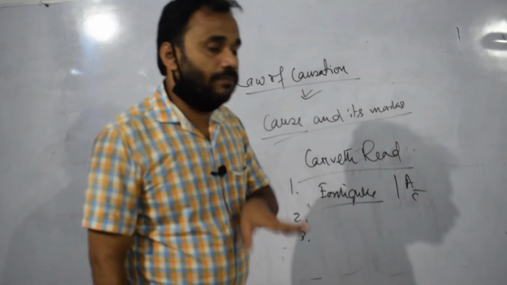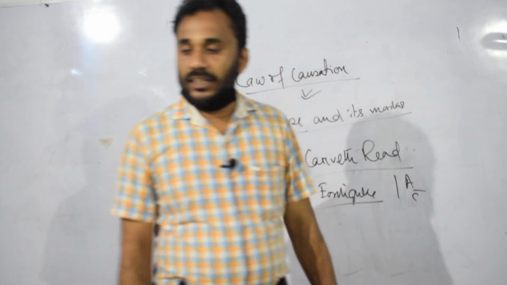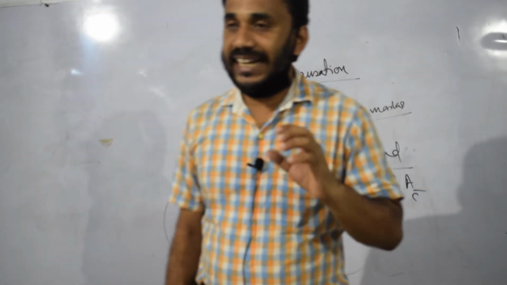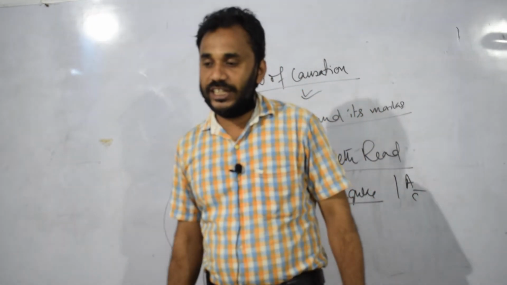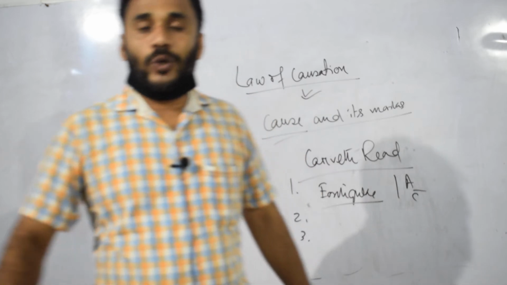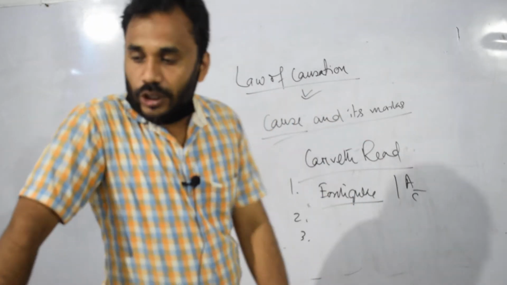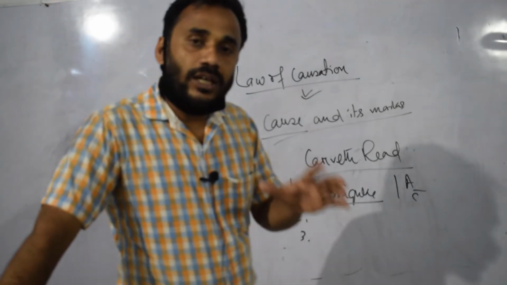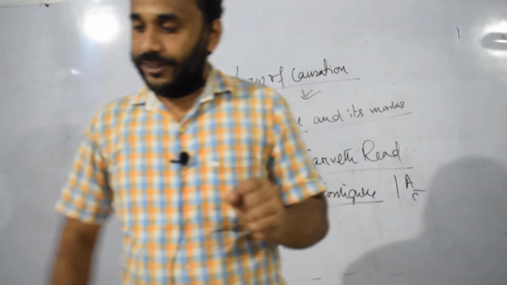The third qualitative mark of cause is that the cause is antecedent to the effect. That means cause is always antecedent to the effect. The cause and effect are successively related.